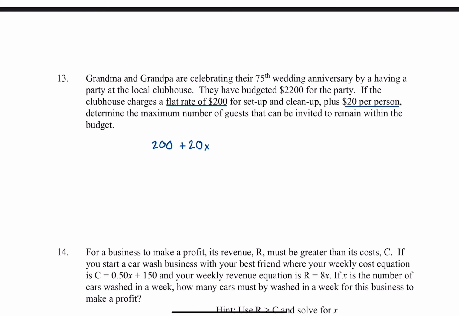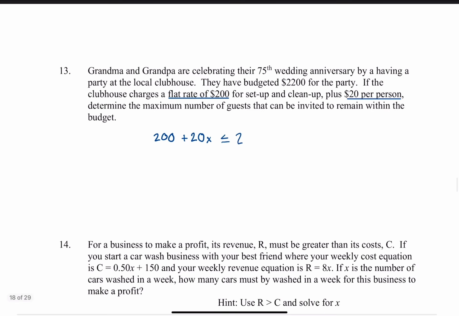So we'll just let the per person be our x. And so this is the cost depending on how many, and determine the maximum number of guests. So that is to say, this whole quantity cannot exceed, it's allowed to be equal to, the budget, which was $2,200. So there is the setup of this one right here.